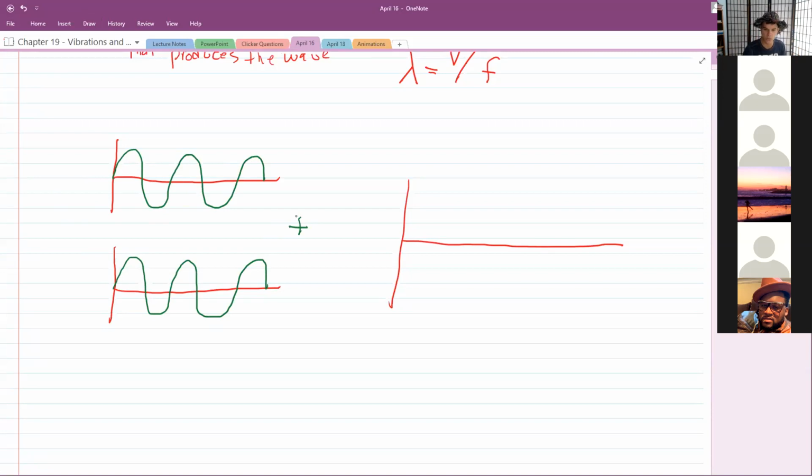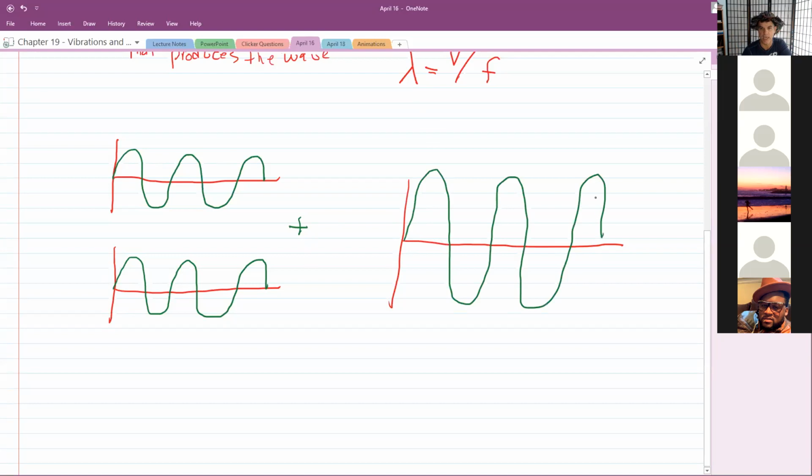I add these two together, and what I'm going to get is a wave that has the same frequency, the same wavelength, but the amplitude is going to be twice as much. So in this case, the sum of these two waves would be a wave which has a bigger amplitude.